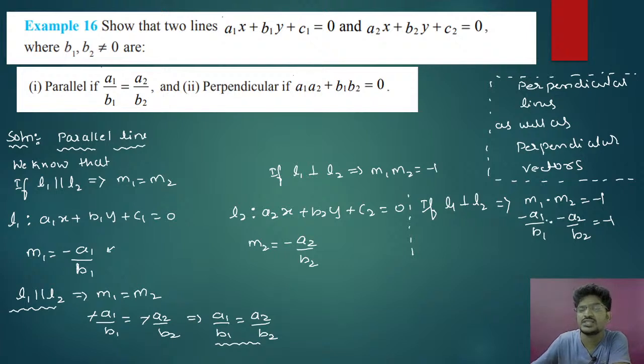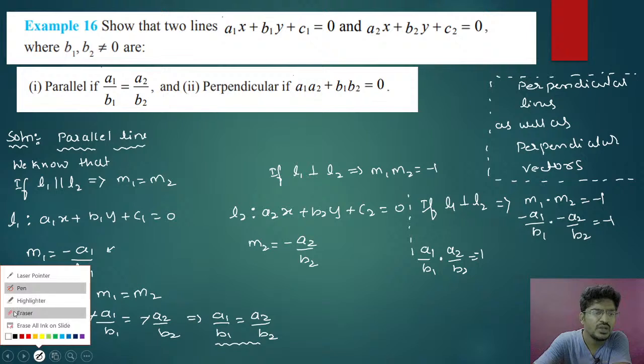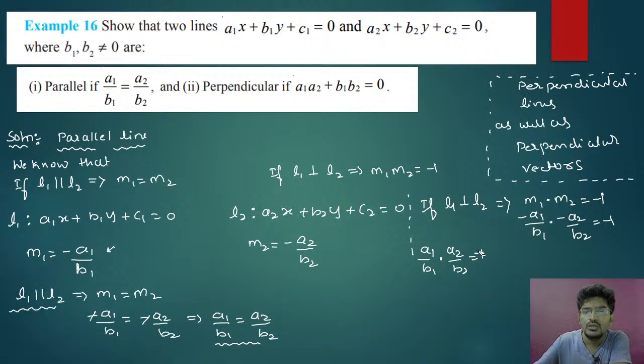You can see that minus into minus is plus. So therefore A1 by B1 into A2 by B2 equal to minus 1. Because you can see here minus into minus will be plus. So therefore A1 into A2 divided by B1 into B2 equal to minus 1.